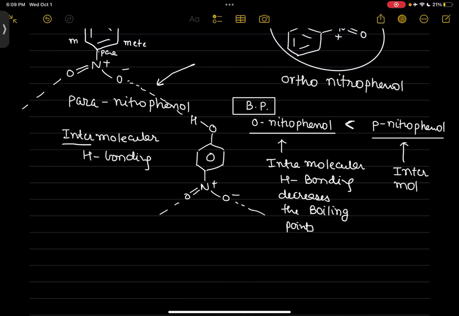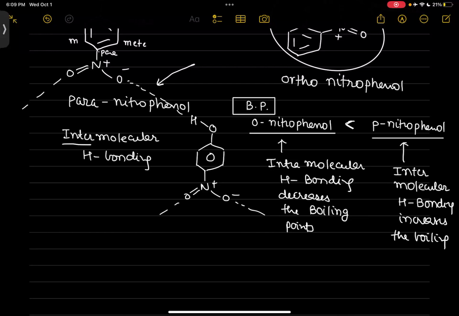Can every H participate in hydrogen bonding? What's the answer? Second repeat. Can every hydrogen atom of any molecule be part of hydrogen bonding?